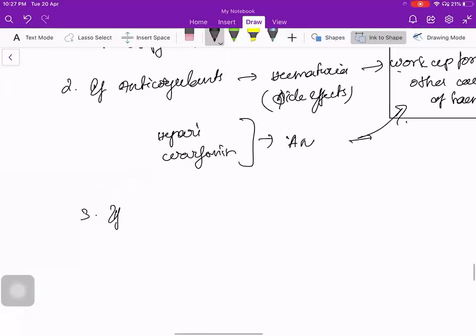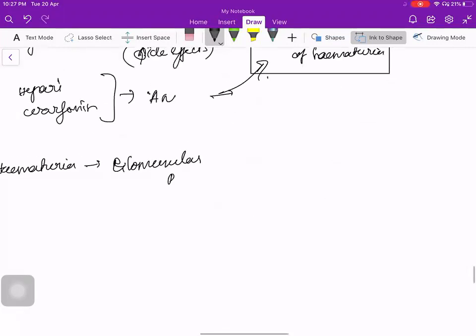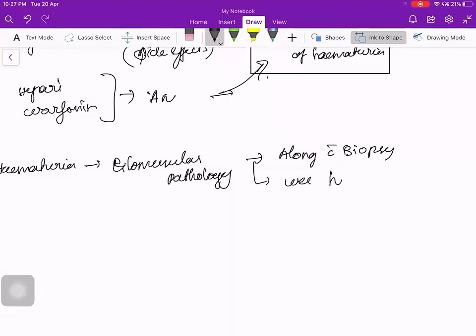Another thing, the patient is having hematuria because of glomerular pathology. For these patients also, along with biopsy, we have to risk stratify the patient for urological malignancy.